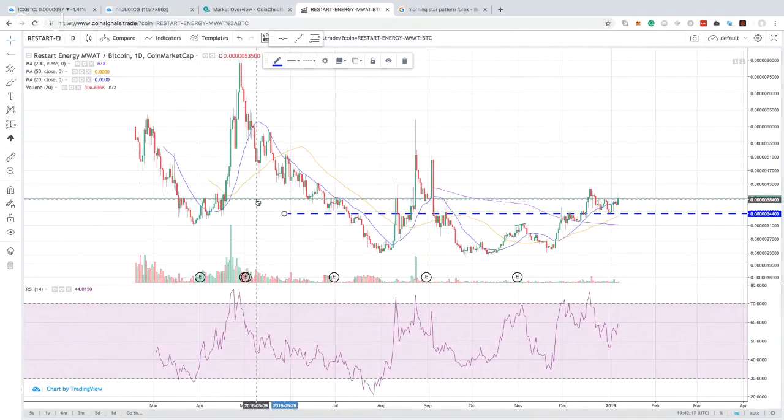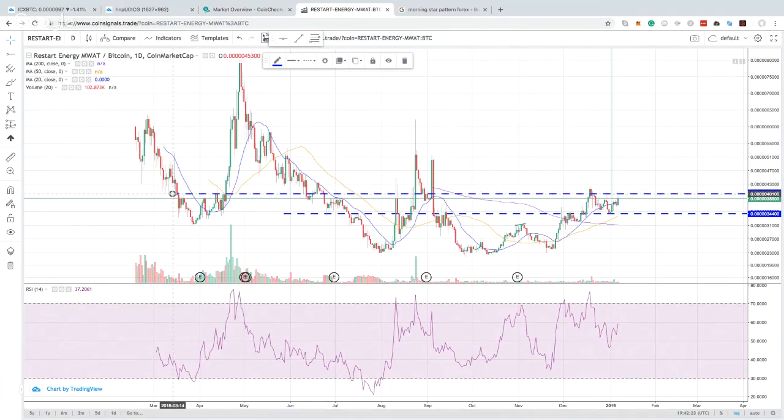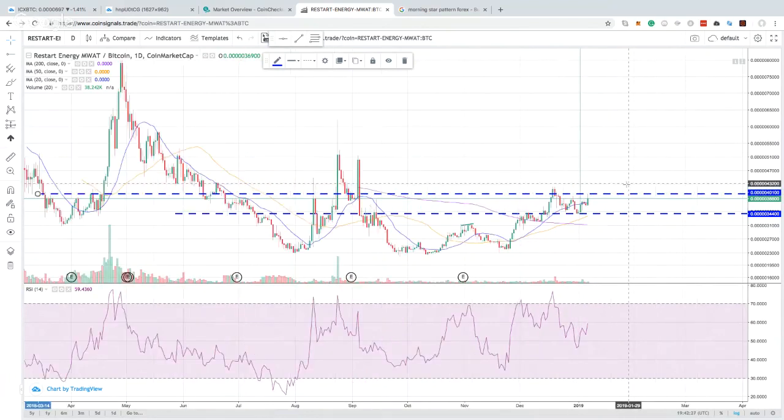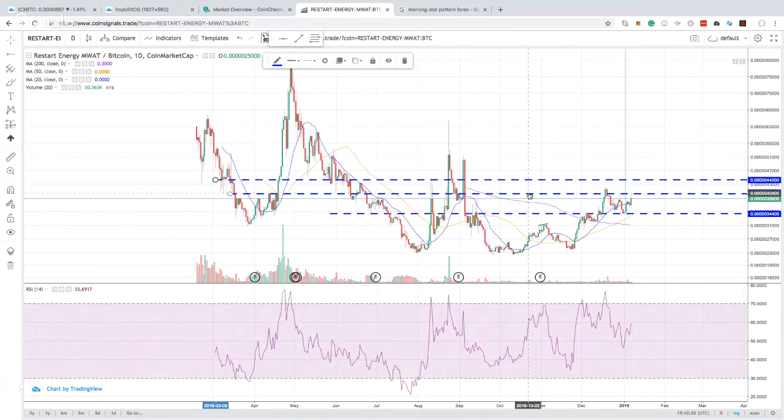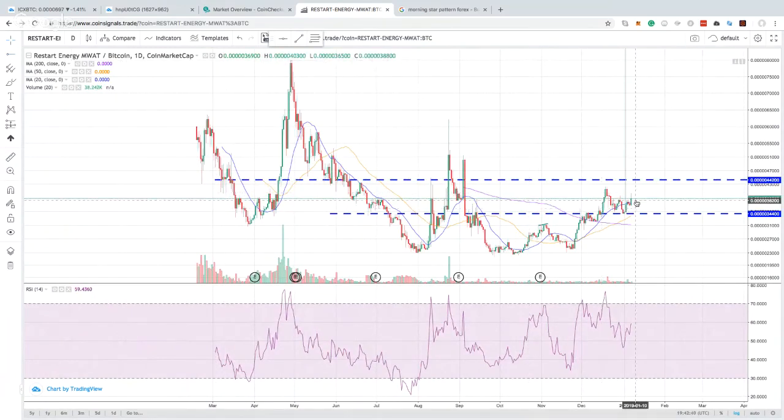So if it closed above here, just look at this support and resistance line, how the price was rejected today here. I'm expecting this one to go at least to this previous support. So if you're buying here, this is your first target, 10%.